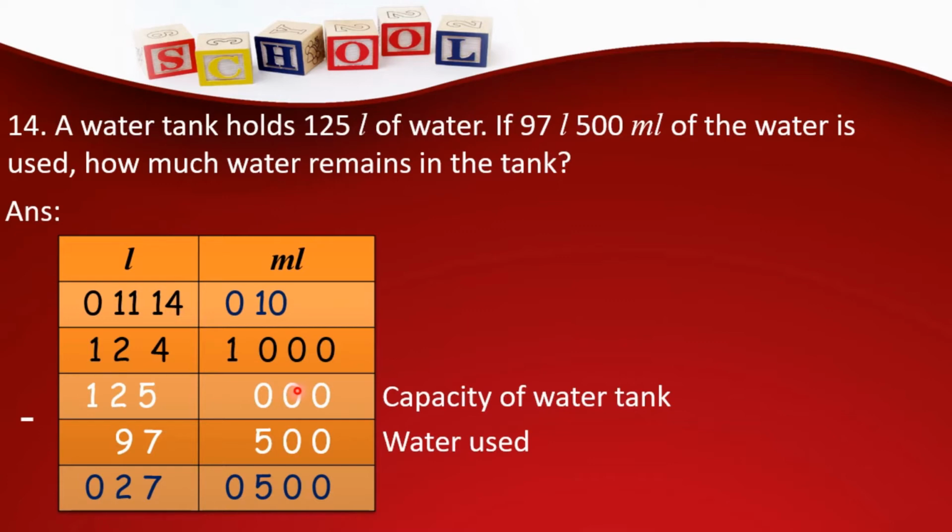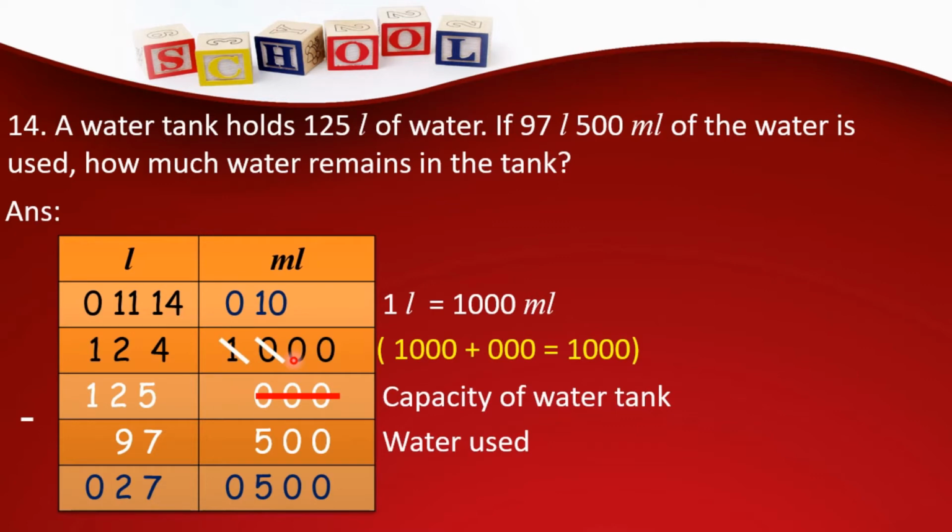So we'll borrow 1 liter, which is 1000 milliliter, from the liters column, that is from 125, and we have here 0. So in total we have 1000 plus 0, which is equal to 1000 milliliter. Now we can subtract 500 from 1000. So we cut this 0 and we write 1000 and we do the subtraction.